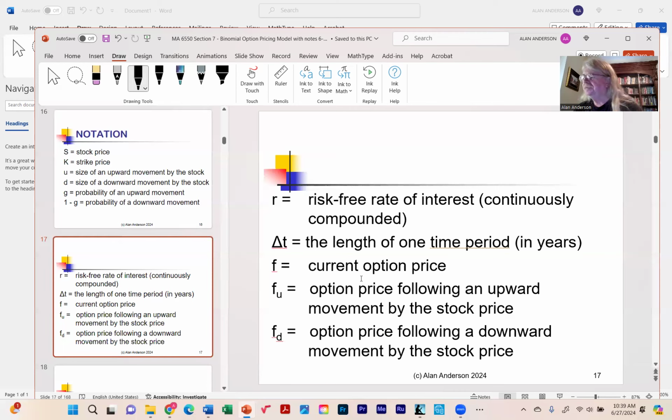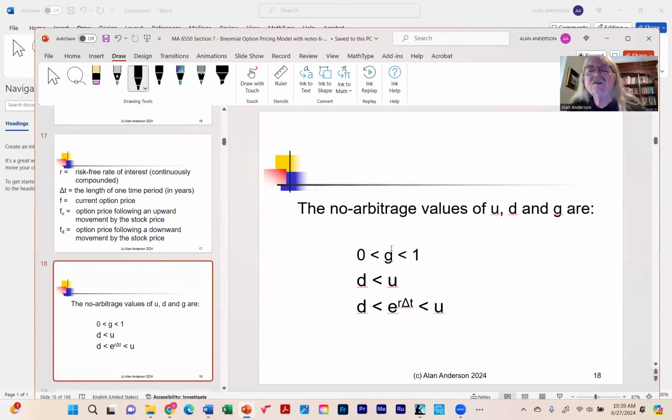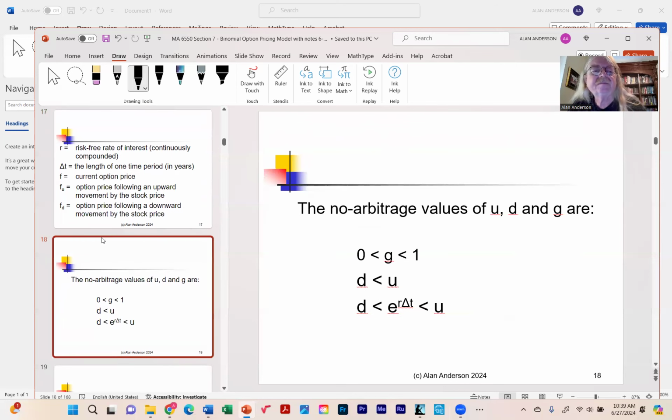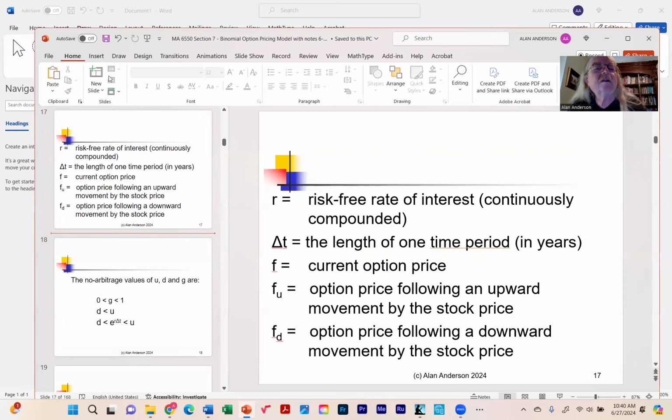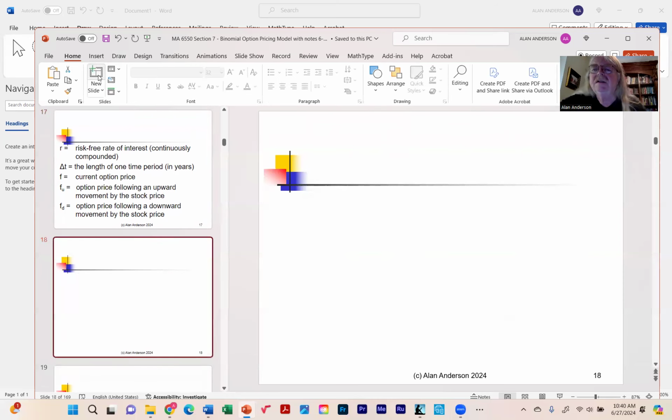Now, here's the interesting thing. For each stock tree, we're going to need an option tree to show the corresponding values of the option. Okay, so we're going to develop or create them both at the same time. So for example, if we have this as our stock tree, let's say this is a 2-period model.